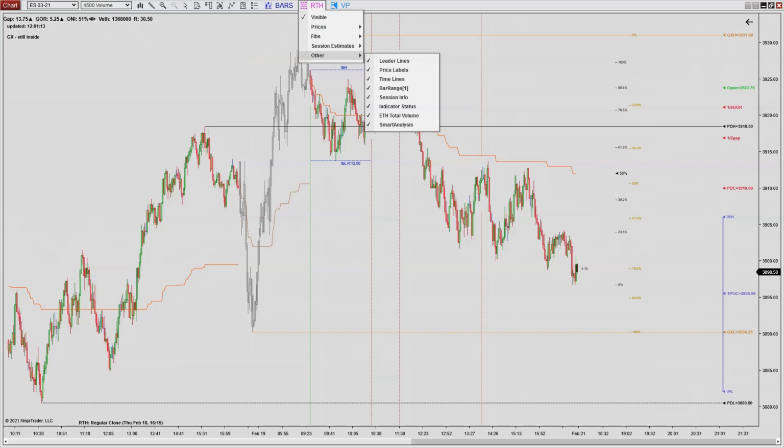To my knowledge, NinjaTrader has no built-in capability to track session volume on a chart. Skip down on the submenu to ETH Total Volume, and you can toggle showing the session volume as either ETH volume or separately as Globex and RTH volumes.